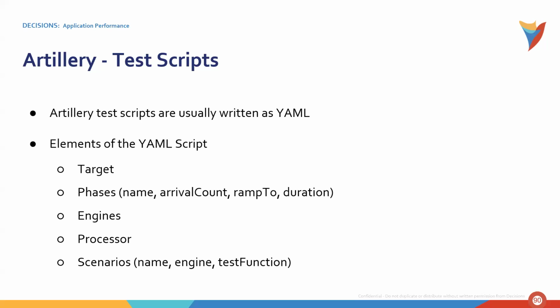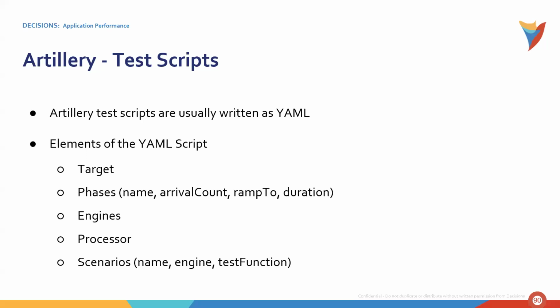When it comes to JMeter, you have samplers, which actually represent the different test cases that you want to execute. Here, the scenarios represent that. So scenarios are similar to samplers. Each scenario can have 3 elements inside it, and you can have multiple scenarios. Name is nothing but the name of the scenario.